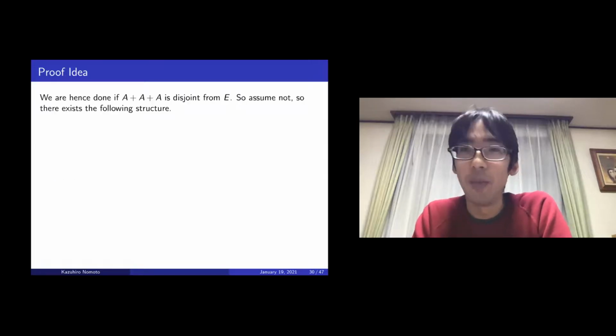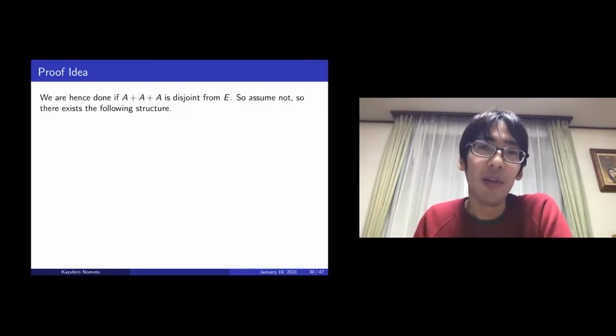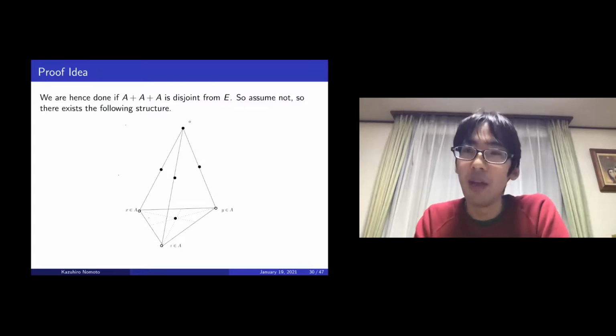We'll be done if A plus A plus A is disjoint from E, so suppose not. What does that mean? Well, it means that you have something that looks like this. You have X, Y, and Z all belonging to A, and their sum, the middle point, is in E. So that's what's making our strategy not work.